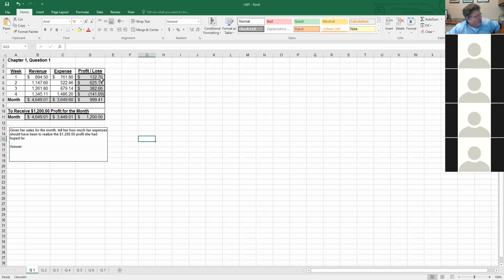If I click this box, you can see it's got a formula in it: B4, that's this box, minus C4, which is this box, equals this box. So I have created a formula that automatically fills this in. And then you can copy that and have it fill in other boxes.